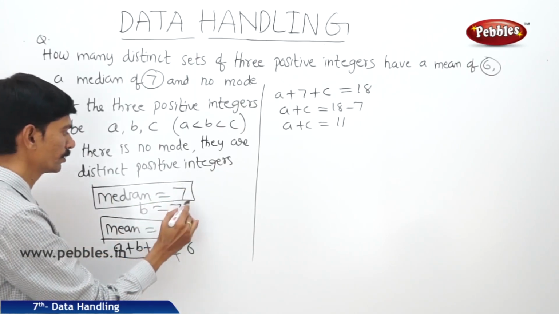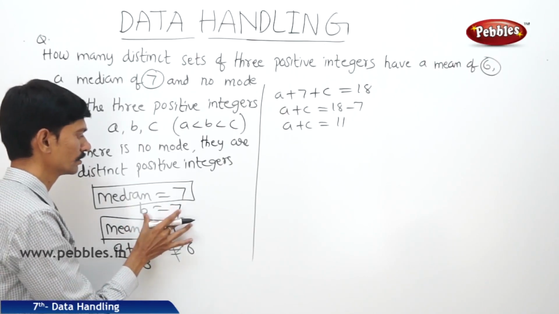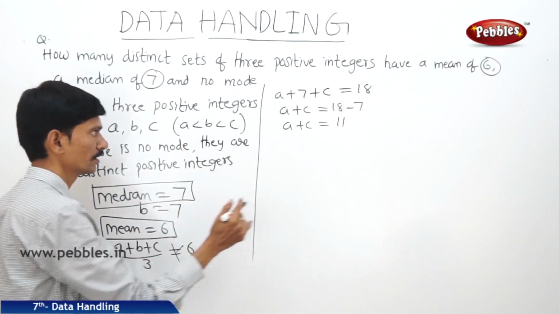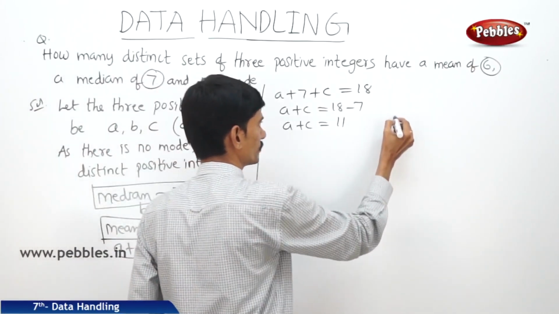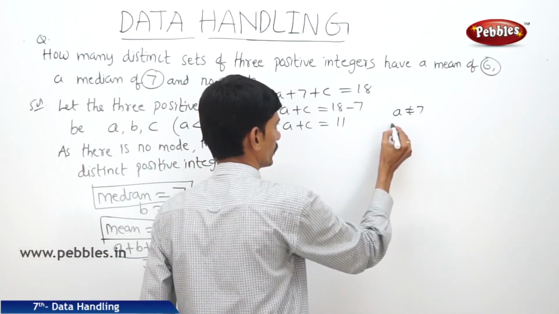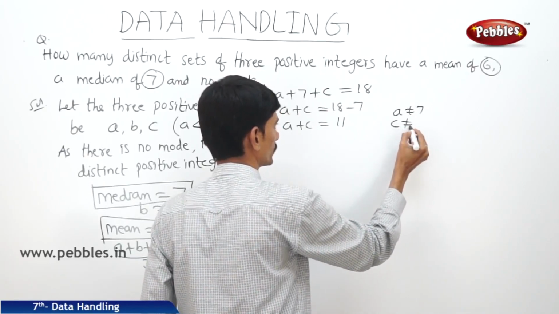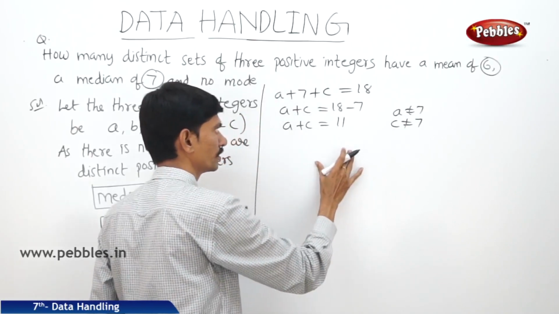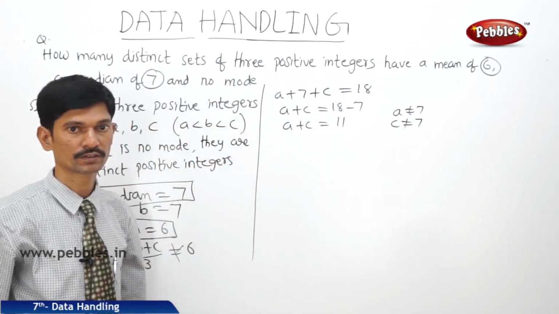No mode means here the b value is 7, so all the 3 integers are distinct, so a is not equal to 7 and c does not equal 7.